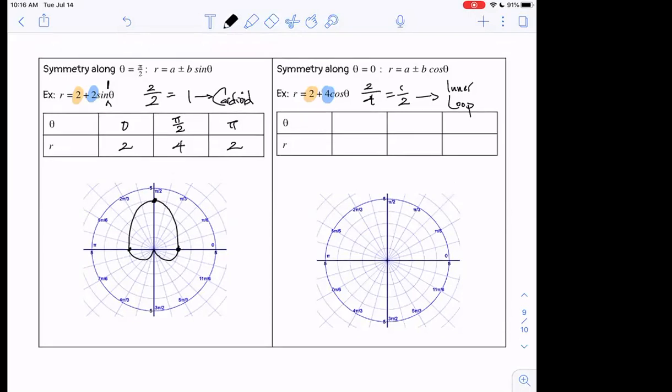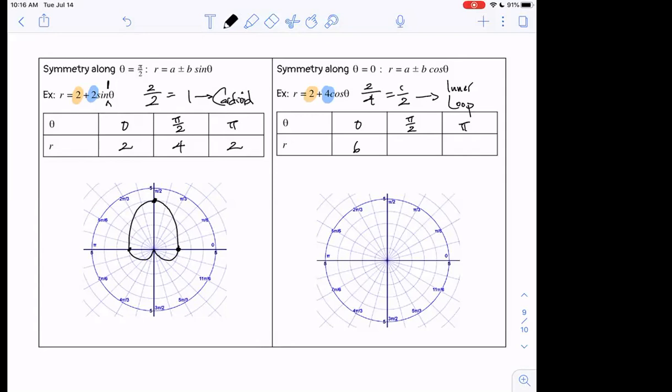So for our cosine one, let's pick the same theta values, 0, pi over 2, and pi. When I plug in 0 into this equation, 2 plus 4 is going to give me 6.